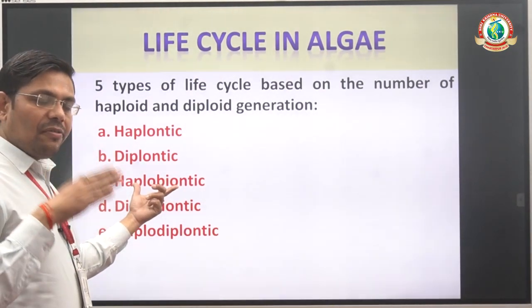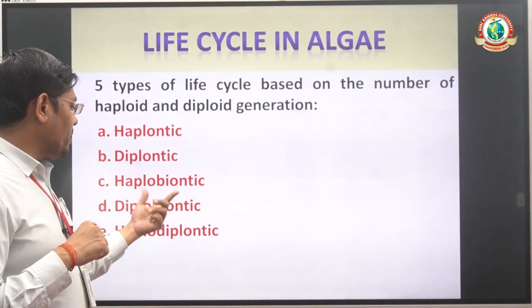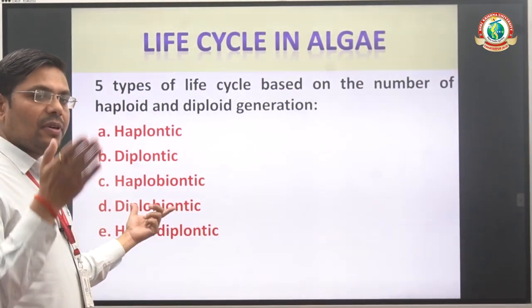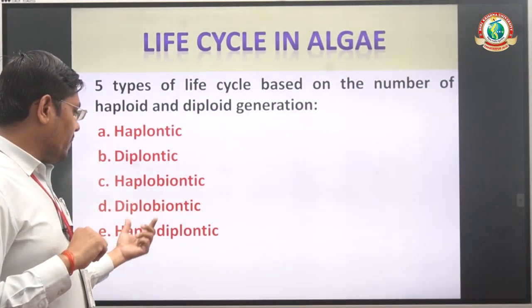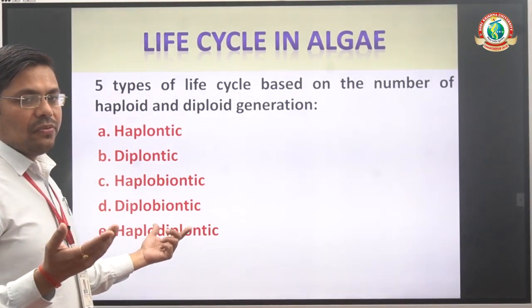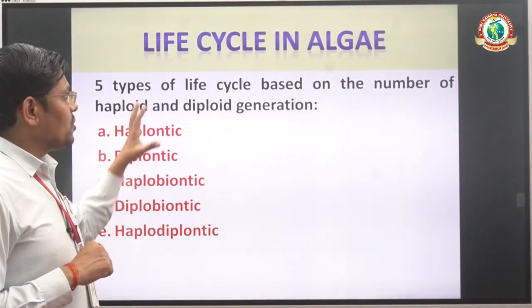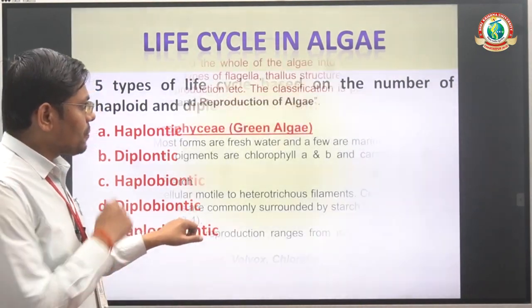When half is haploid and half diploid, that is haplobiontic, and diplobiontic when first is diploid and second is haploid. And haplodiplobiontic is for the carposporophyte or tetrasporophyte. So these are the types of life cycle of algae.